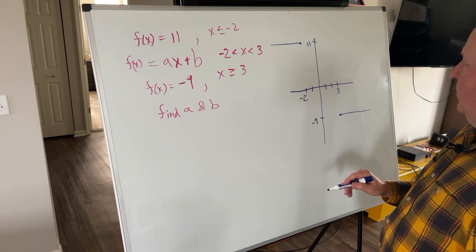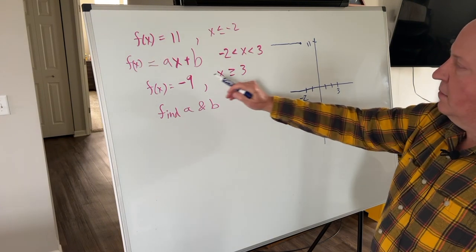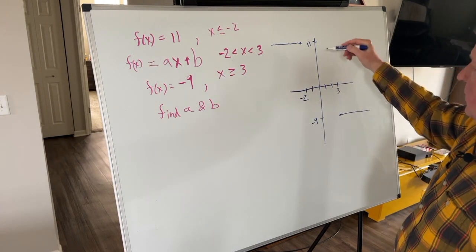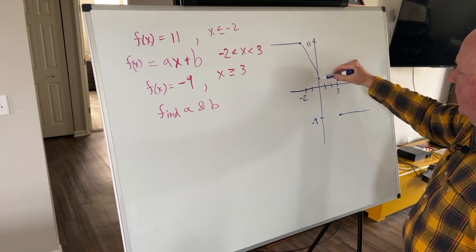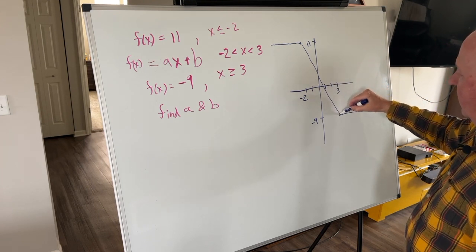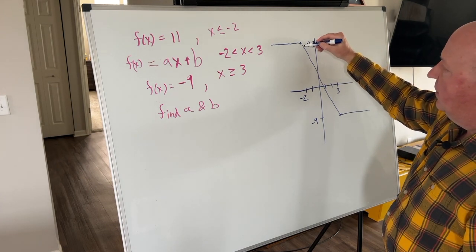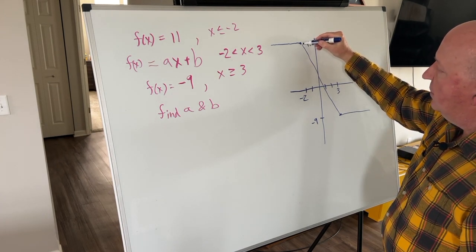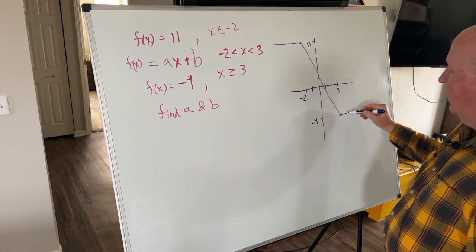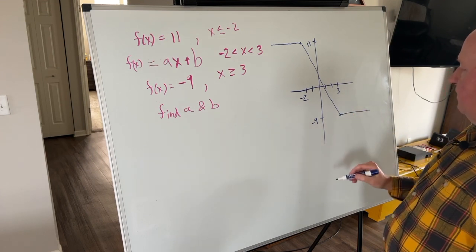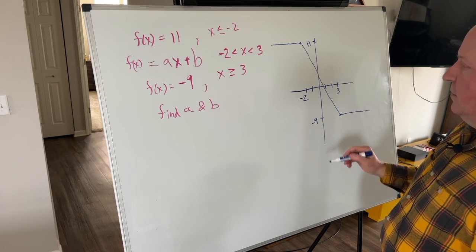So then you would assume, if this function is continuous, then this line here will go from here down to here. And this line will never quite touch 11, and never quite touch negative 9, but will come very close. So then the question is, find a and b.